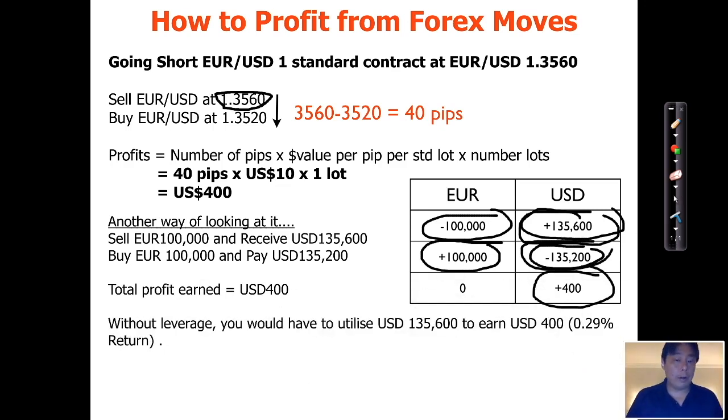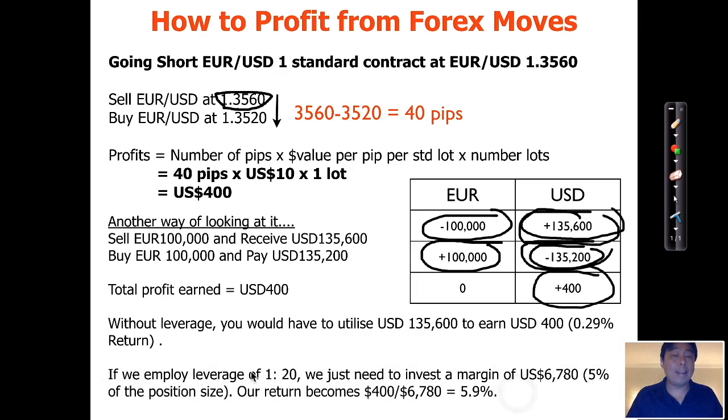So again, without leverage, notice that you would have to utilize $135,000 to earn $400. And the return, 400 over 135 grand, is 0.29% return. All right, so hardly worth our while. Okay, so we use leverage. So instead of putting down 135 grand, if we use leverage of 1:20, that means we only have to put a 5% deposit or 5% margin in order to take this position.